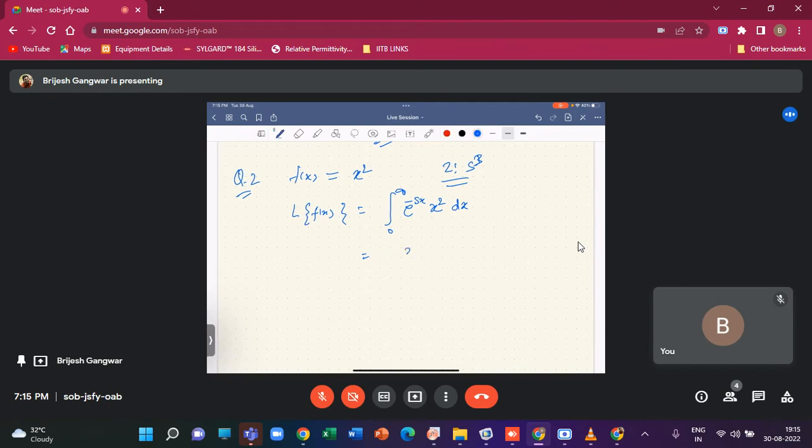you will find x square upon s e to the power minus sx, minus 2x upon s square e to the power minus sx, minus 2 upon s cube e to the power minus sx.